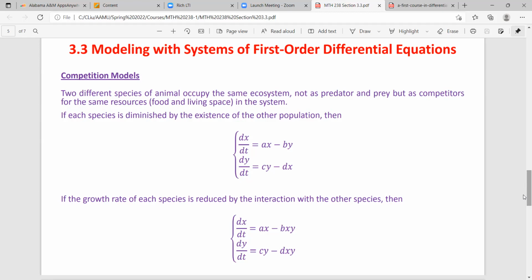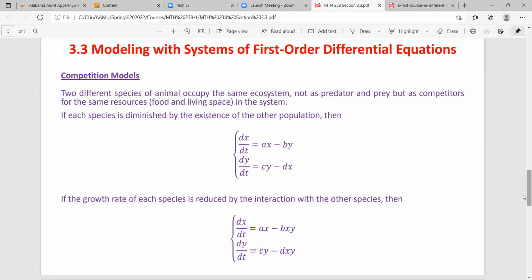For example, you have rabbits, and then you have horses. Then they compete for the grasses. They don't eat each other, but they compete for the food in nature. Then we have a different model in that case. So this is called a competition model.